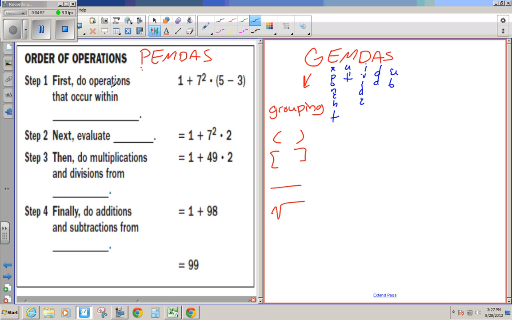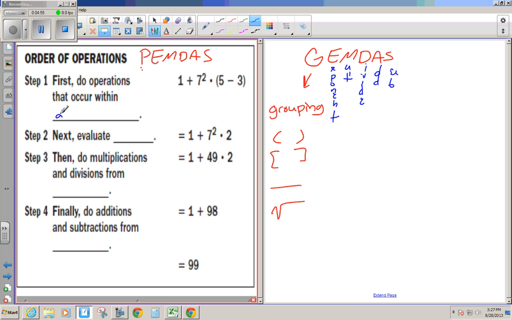So, first do operations that occur within grouping symbols. Next, evaluate the powers. Look at the exponents. Then do multiplication and division. For multiplication and division, always work left to right. And then lastly, finally do addition and subtraction from left to right. If you try to go right to left, sometimes things can get screwed up.